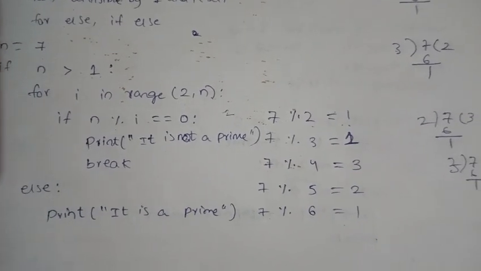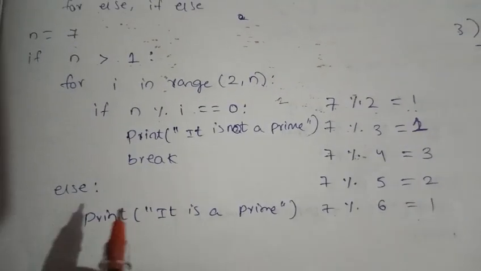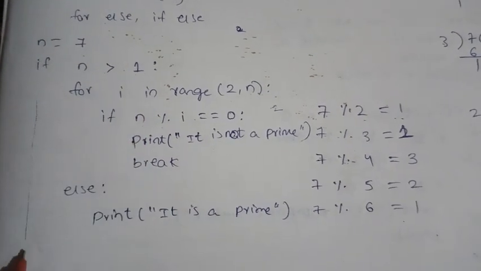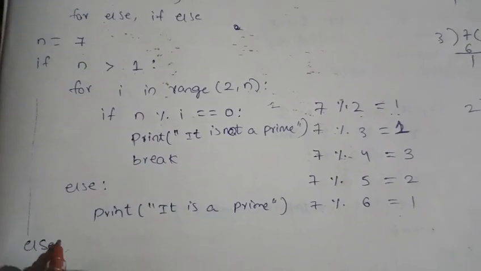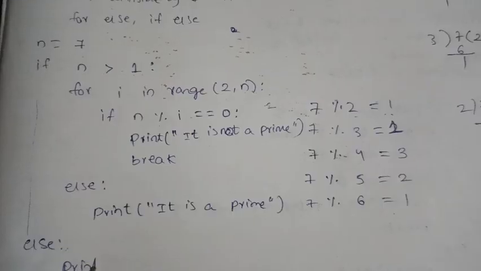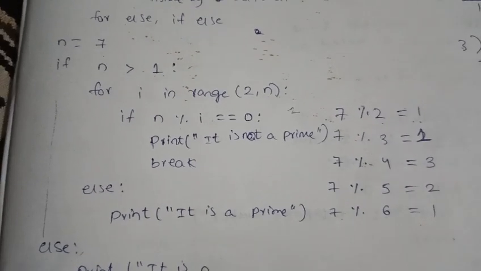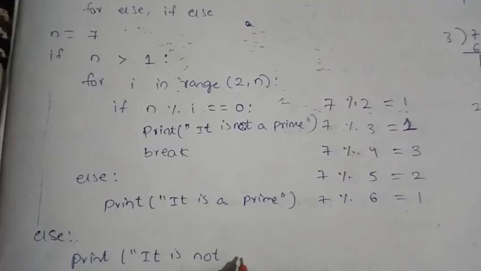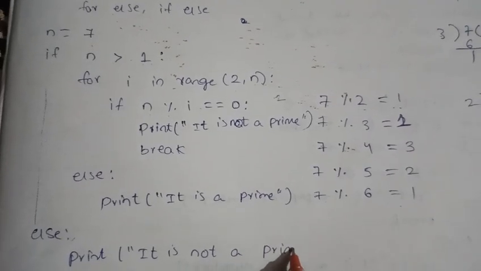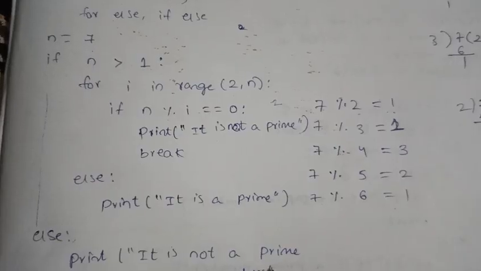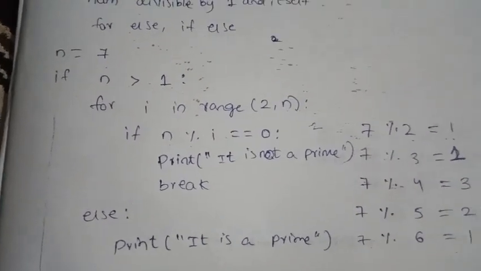You need to write it is a prime, and we need to write else under if else, print it is not a prime number.